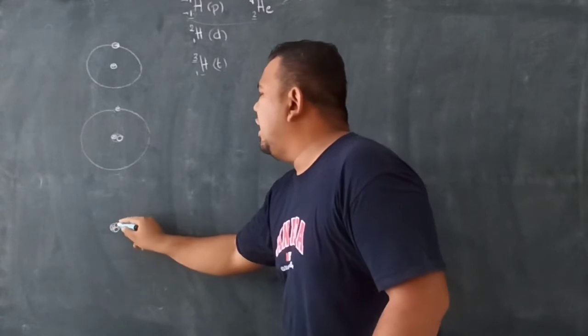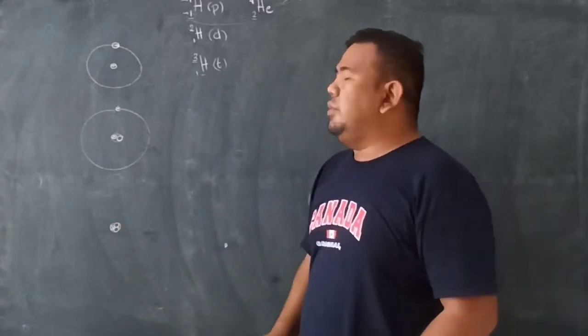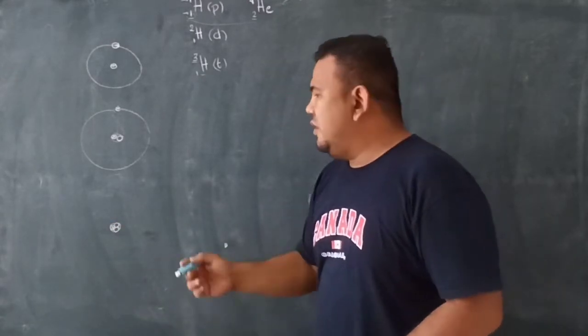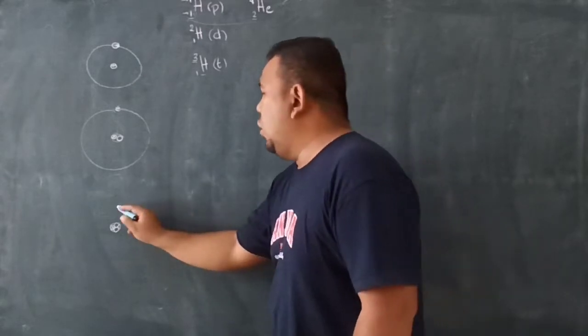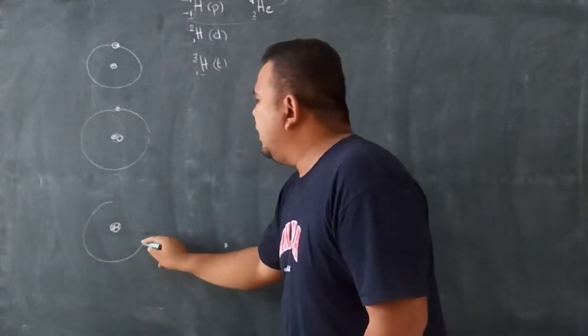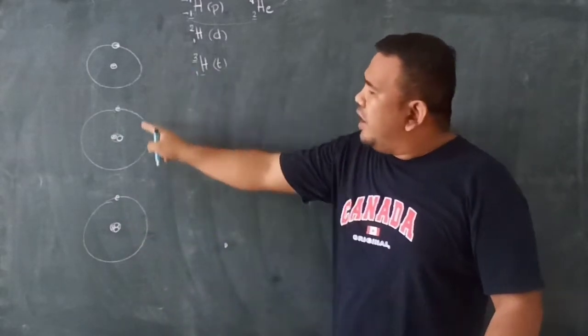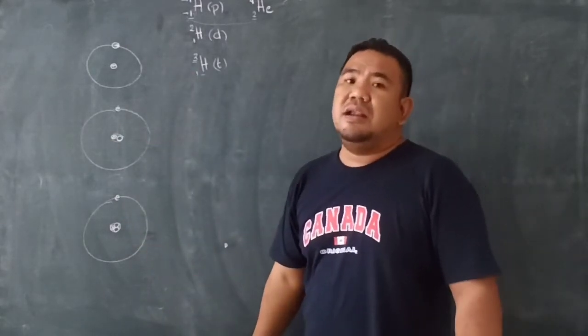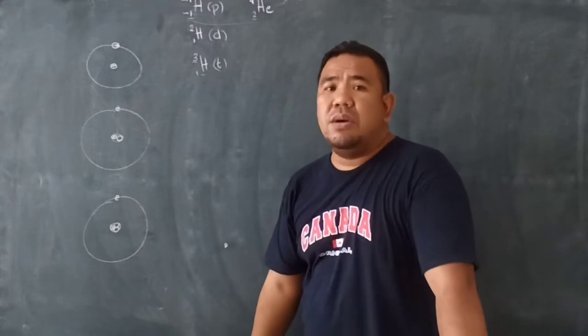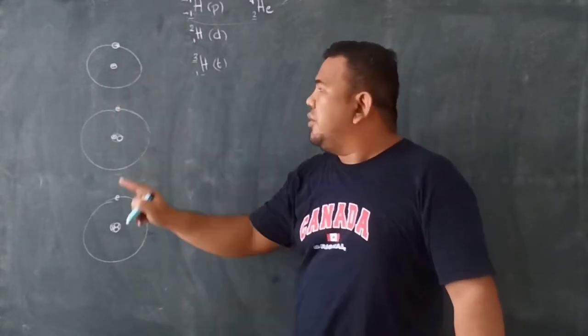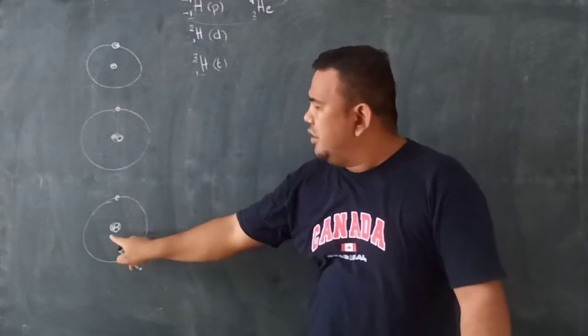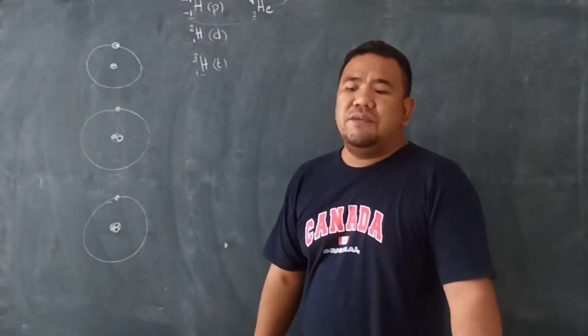And they are tightly bound, which formed a nucleus. Then you still have one electron. So they are almost the same. They are the same in terms of the number of protons. One proton, and also one proton for tritium.